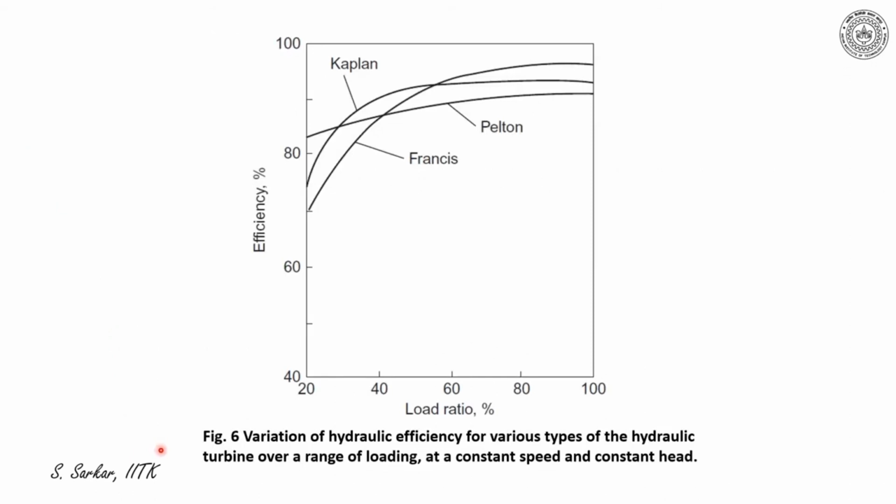So efficiency versus load has been plotted here, and this indicates that the Francis turbine suffers most compared to the other two at part load, while the Pelton wheel gives the best performance, indicating almost a flattened characteristic at part load.